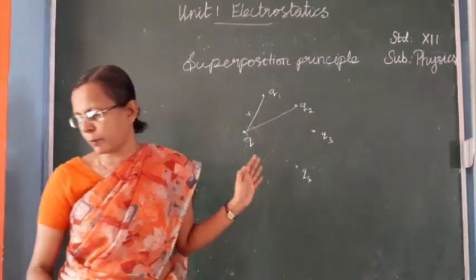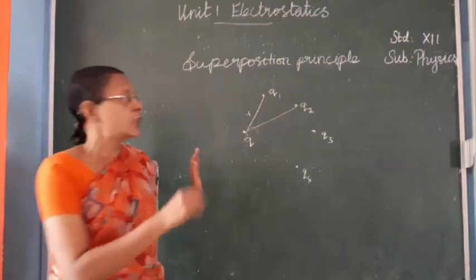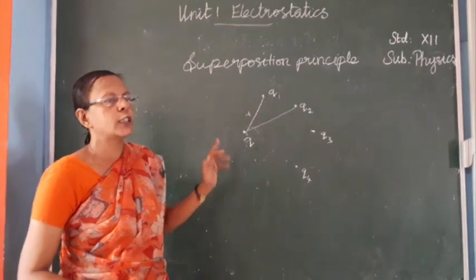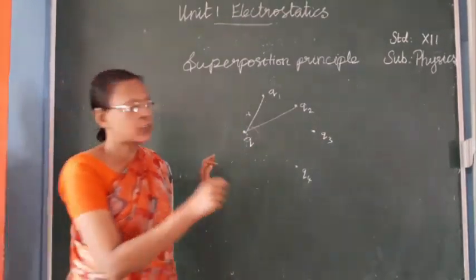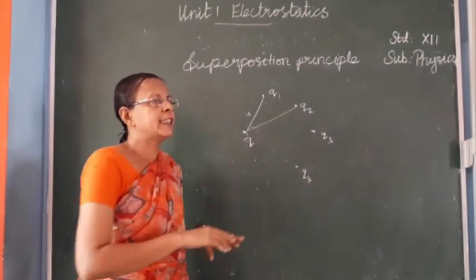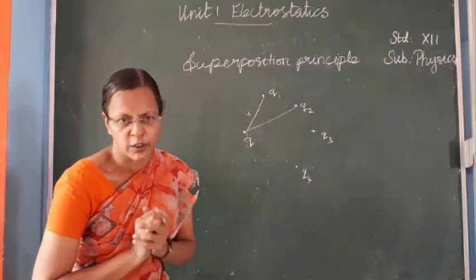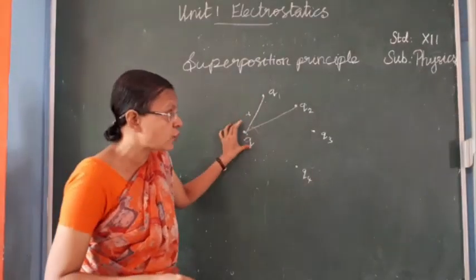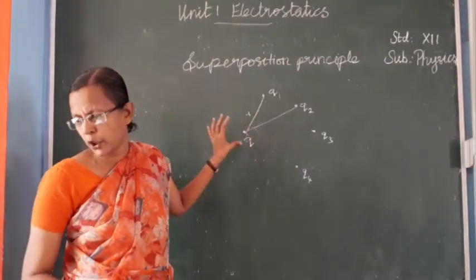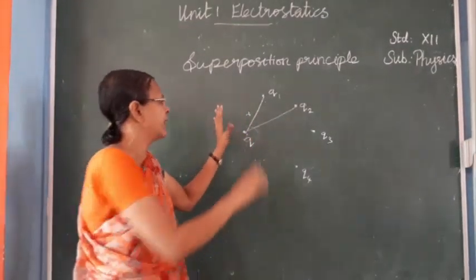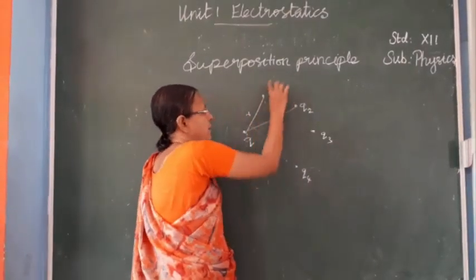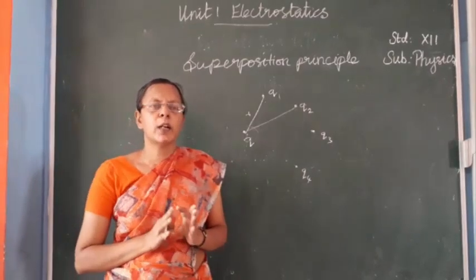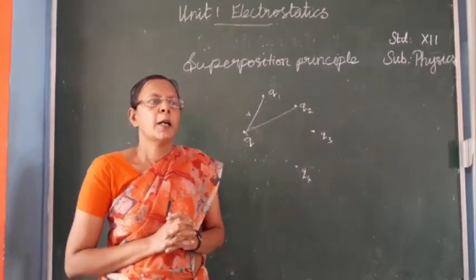According to the superposition principle, the total force acting on a given charge is equal to the vector sum of the forces exerted by all the other charges. This is the superposition principle.